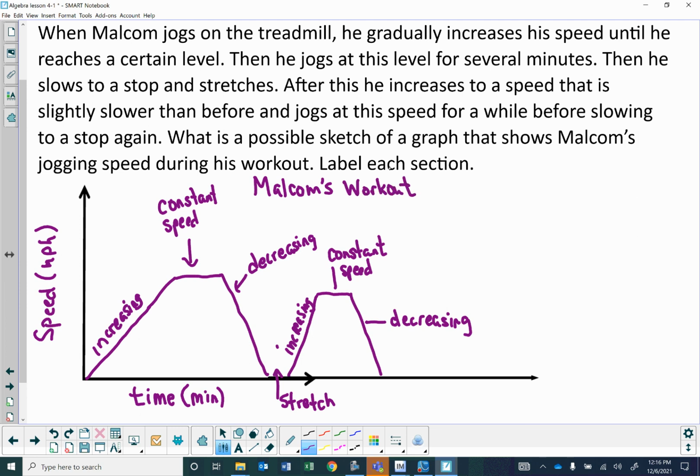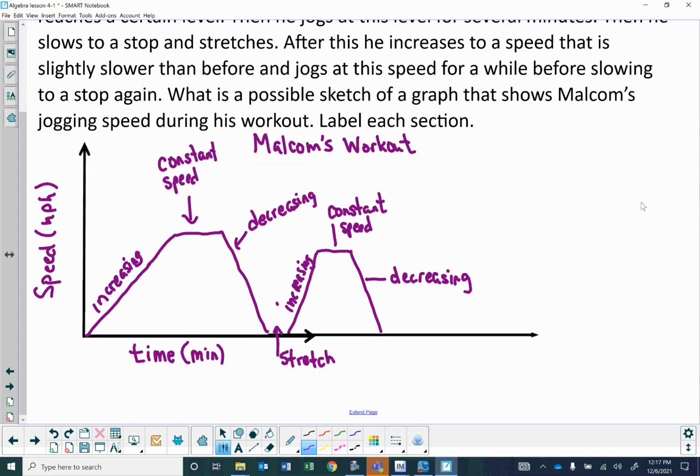Each graph that someone does is going to be slightly different, but as long as you label the sections and it makes sense, it's going to be very logical. Making a graph from data is not all that complicated, and it basically tells a story with a picture versus a whole bunch of sentences.